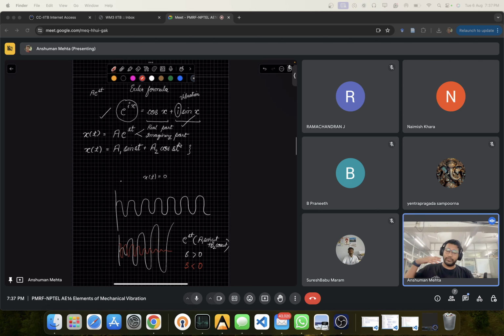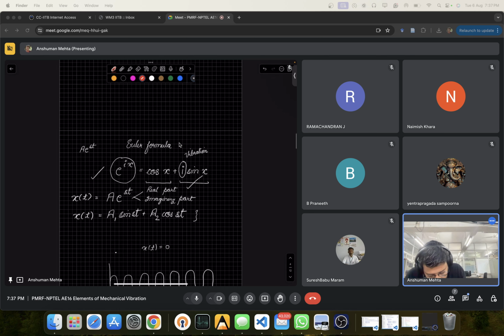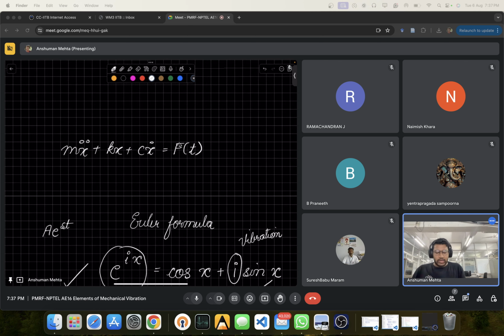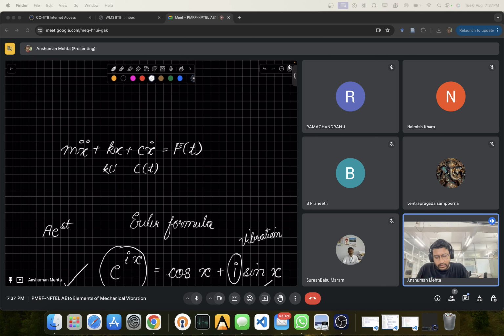Non-linear vibration is a different ball game altogether, where a lot of different things come in, because these are all solutions of m x double dot plus c x dot plus k x is equal to f(t). Our core syllabus is limited to this. But what if c is a function of time, or k is a function of time?